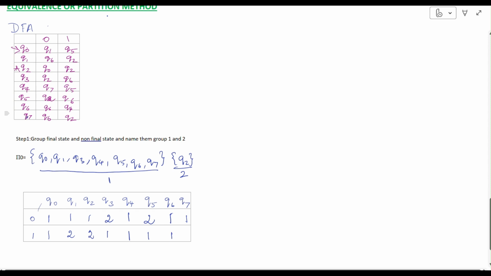And Q7 on input 1 moves to Q2, which is of group 2. Now we should not consider Q2 because it is the final state, and we have to take all other pairs for comparison. The pairs which have the same pair value will be grouped together as one group, and the rest will be segregated as separate groups.